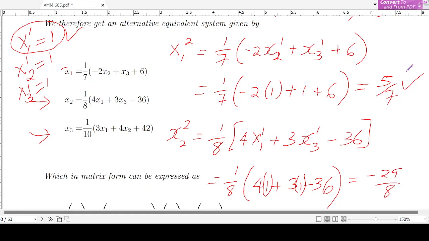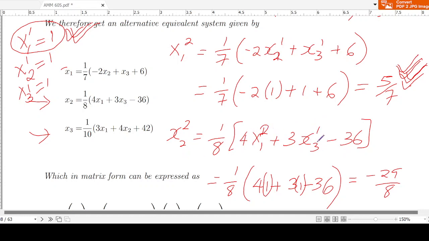So instead of writing x1,1 here, we write x1,2, so that we use 5 over 7 rather than 1. We assume that this one is a better approximation, so we use it here.